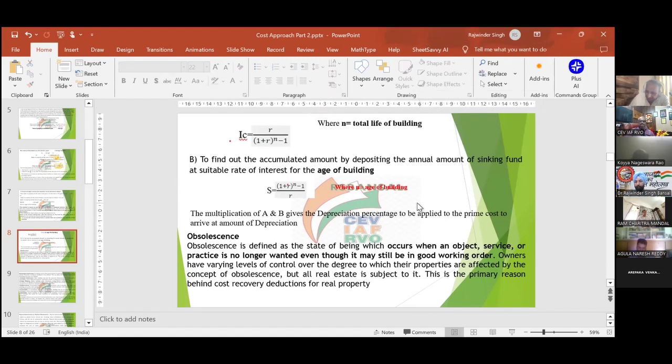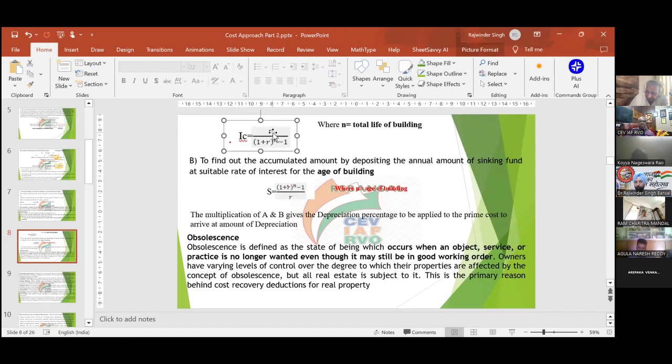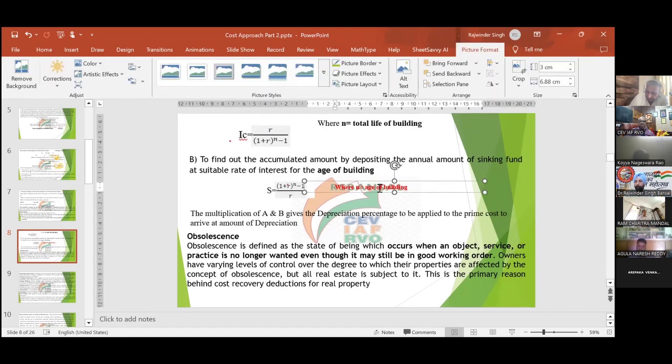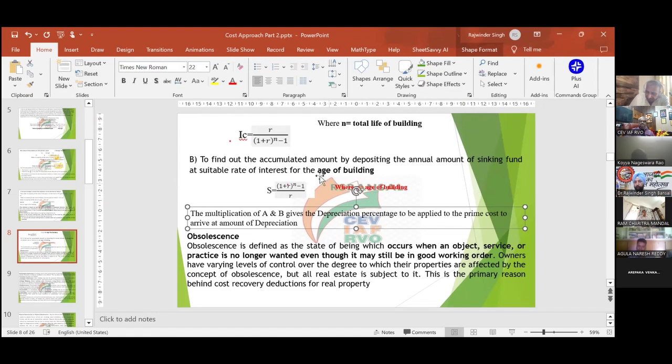So another, see these formulas. If you check, let us suppose, look at both the formulas carefully, they are practically opposite to each other.